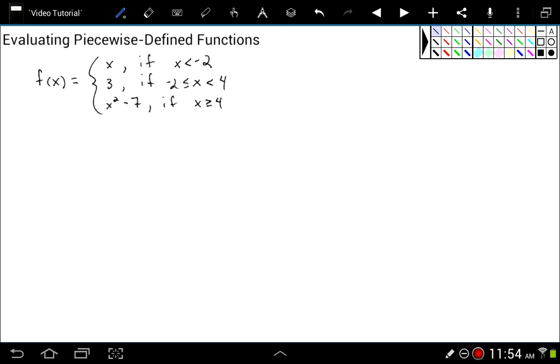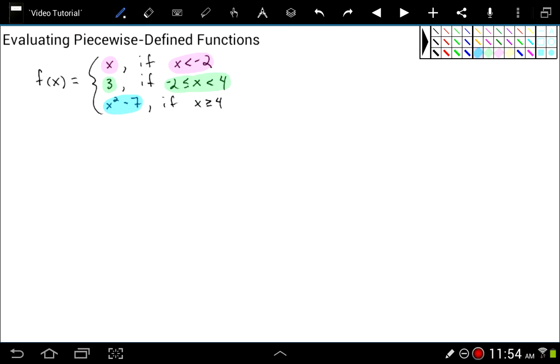Okay, so this function can equal x if the input is less than -2. It could equal this output if the input x is between -2 and 4. And finally, it can equal this output if x is bigger than or equal to 4. Okay?